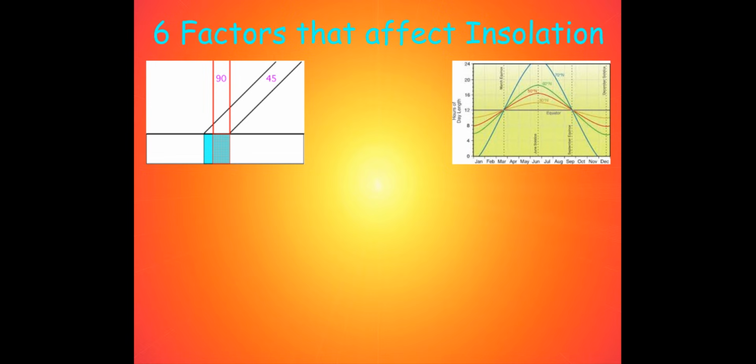So maximum insolation occurs in the northern hemisphere around June 21st, which is the summer solstice. Maximum surface temperature occurs on Earth's surface after the maximum duration of insolation. So here in June, around the 21st, we have the longest day, which means that we have the most sunlight hitting the Earth.